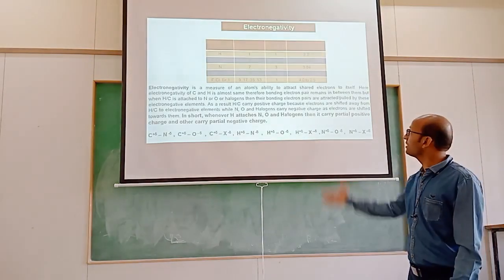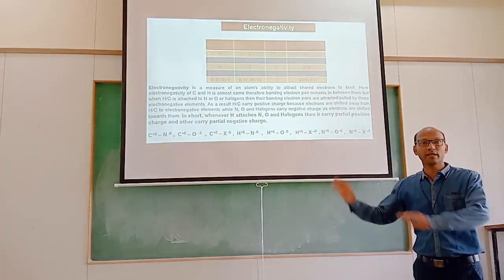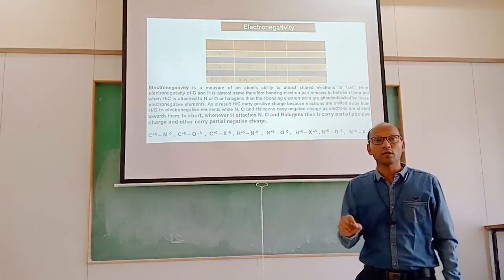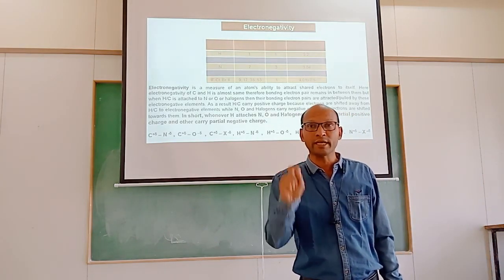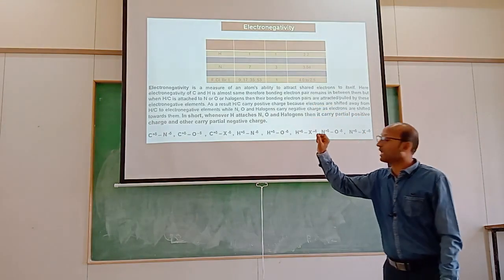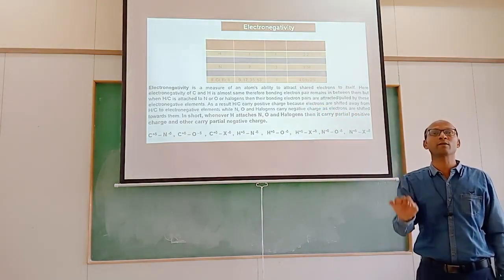Then you see here the electronegativity, which is a very important concept to remember. This helps us to show the electronegativity difference within a molecule. We know that hydrogen and carbon have almost the same electronegativity.